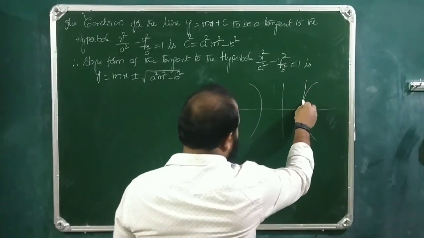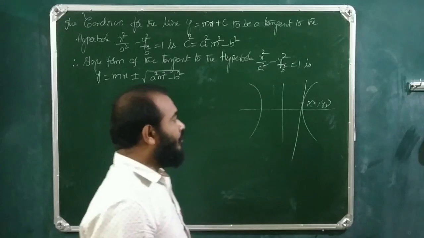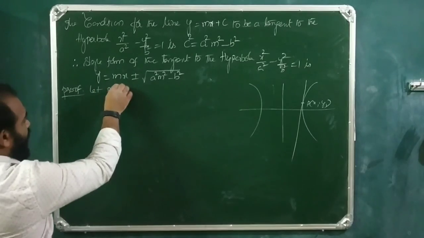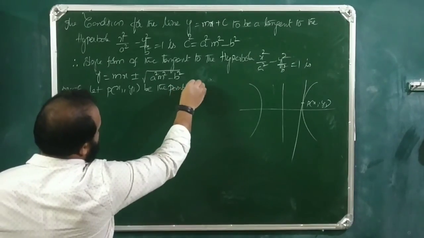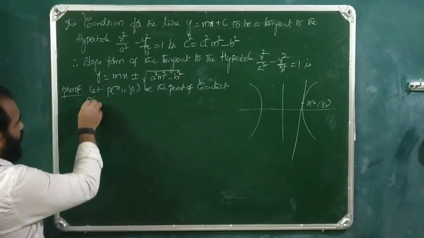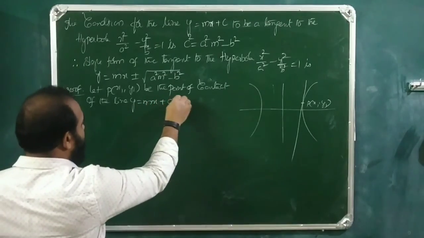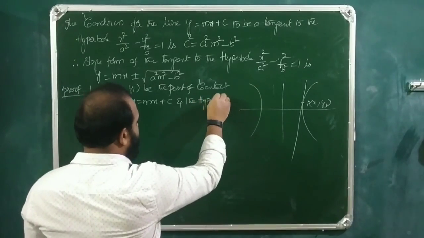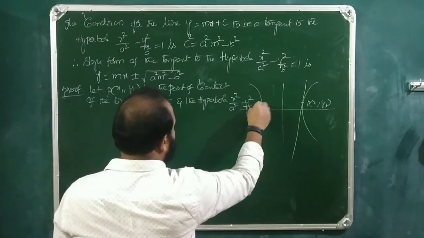Let us suppose that this is the tangent at this point P(x1, y1). So let P(x1, y1) be the point of contact of the line y is equals to mx plus c and the hyperbola x square by a square minus y square by b square equals to 1.